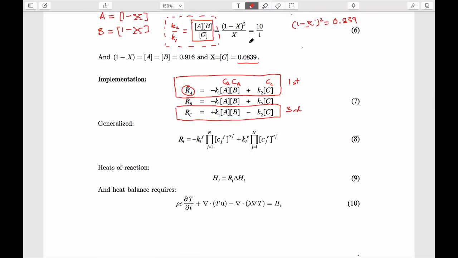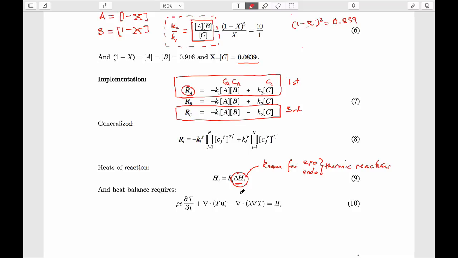And so related to these reaction rates, if you know what the heat of reaction is for that particular reaction, so this is known, for exothermic or endothermic reactions.